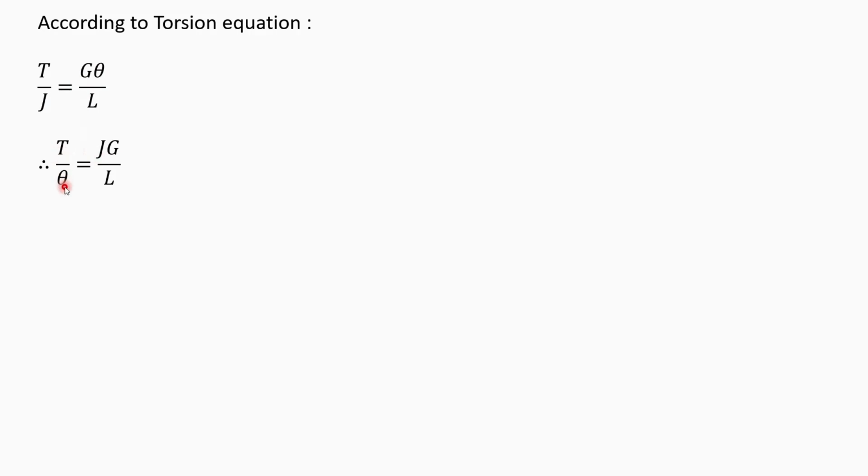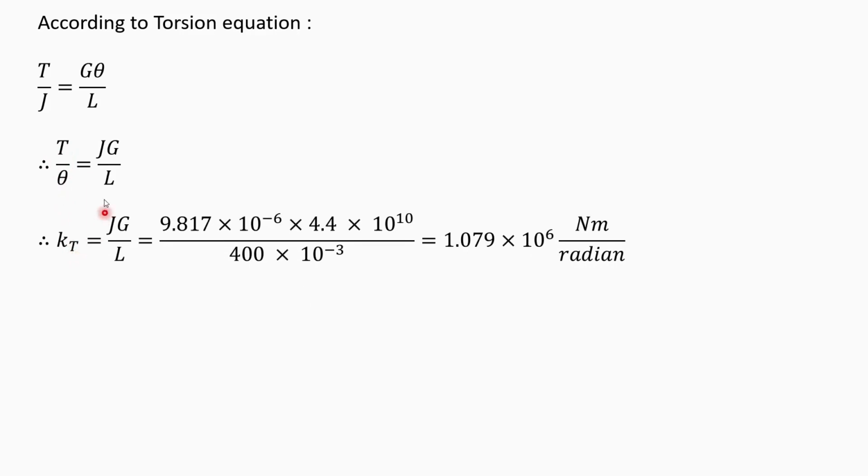So it is T upon theta, that is the torque required to produce unit angular deflection. This left hand side is nothing but torsional stiffness, Kt, that is J into G divided by L. Substitute the value of J, the value of G is given in the example, L is also given in the example. So the value of torsional stiffness comes out to be 1.079 into 10 raised to 6 Newton meter per radian.